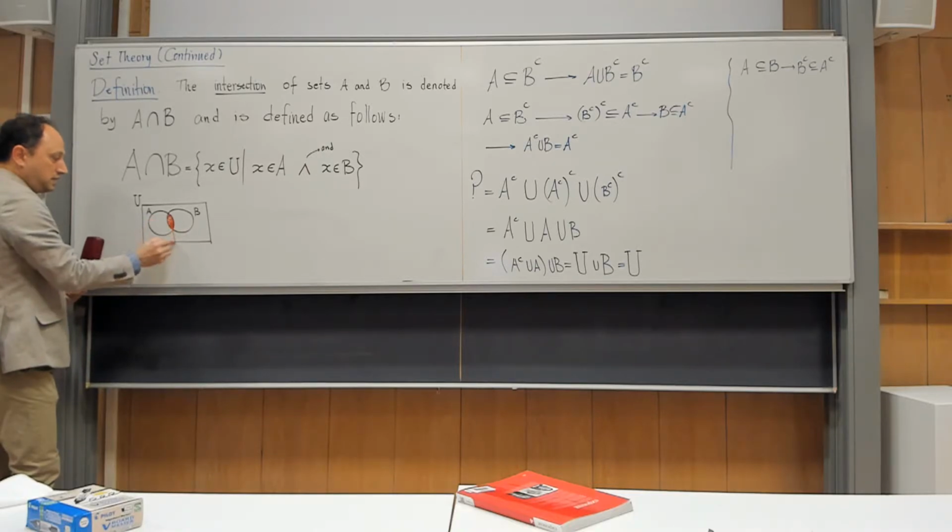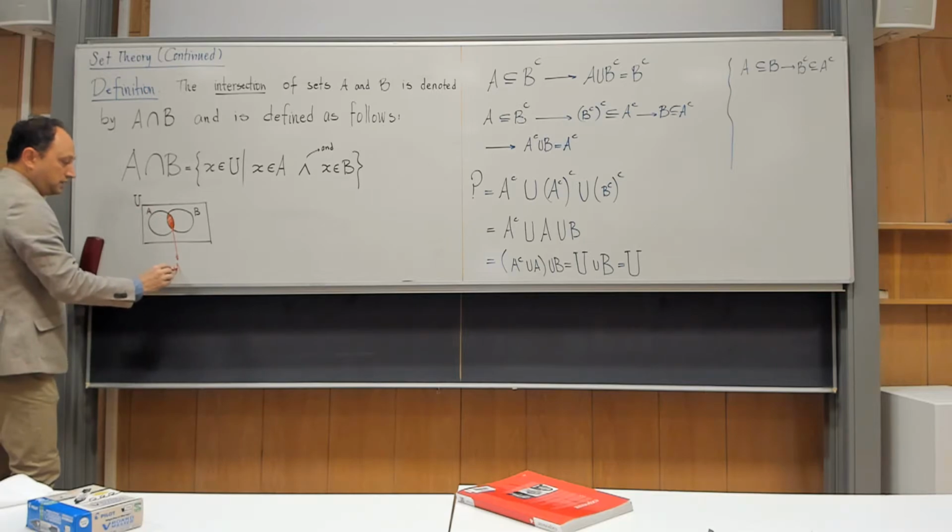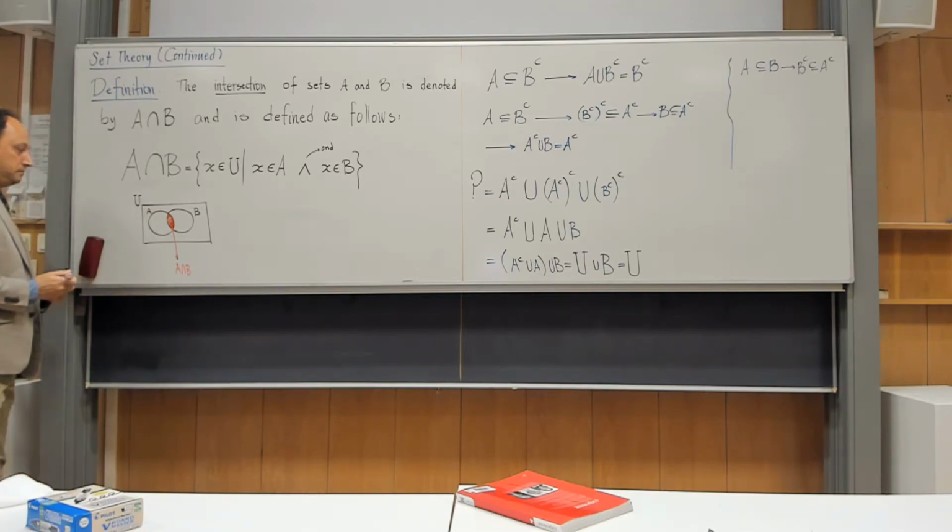In this picture, this is A intersection B.